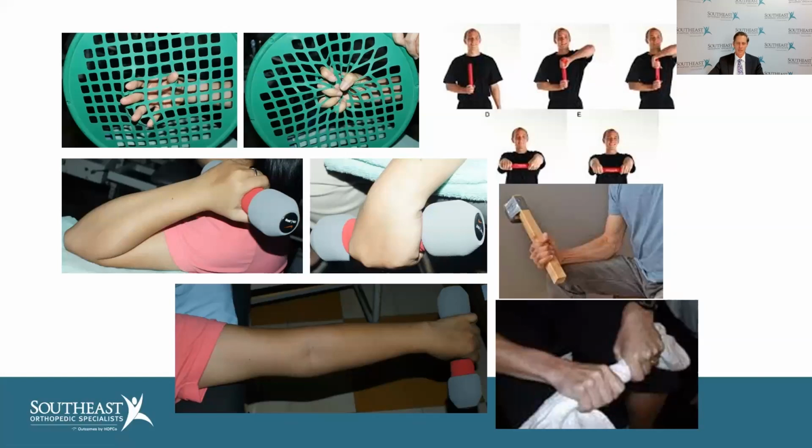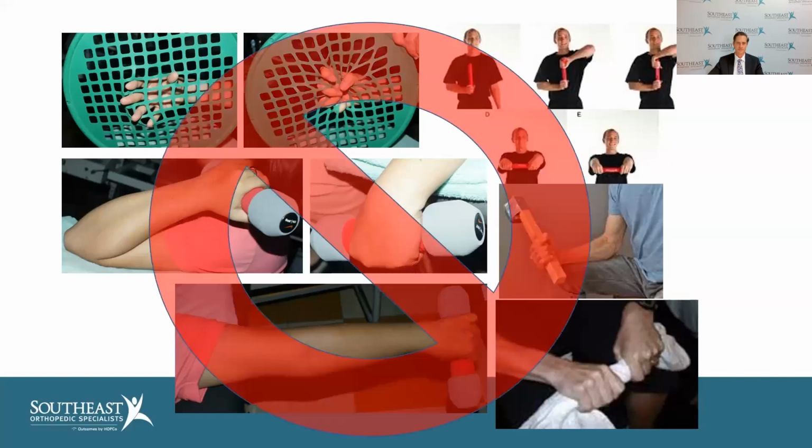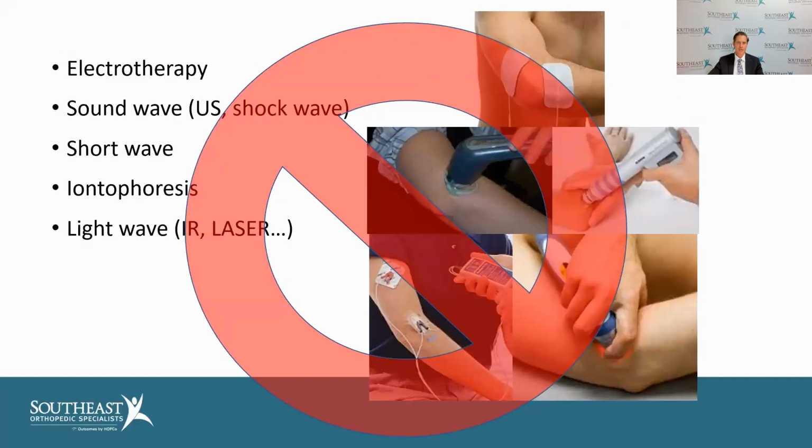So repetitive use of the muscle that we know is damaged doesn't seem to improve it. It's not a weak muscle, it's a weak tendon attachment. And while this thing is injured and you try to continually stress it, you just run yourself further down the rabbit hole.